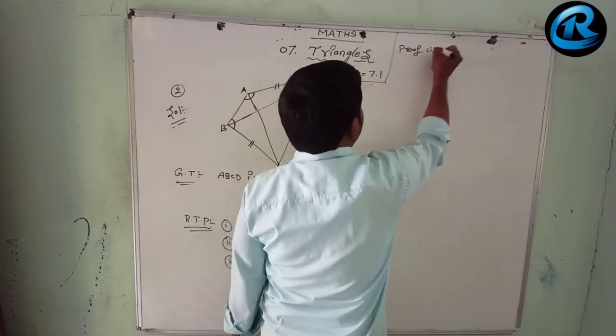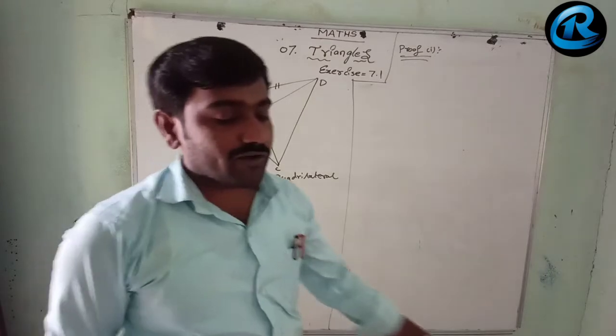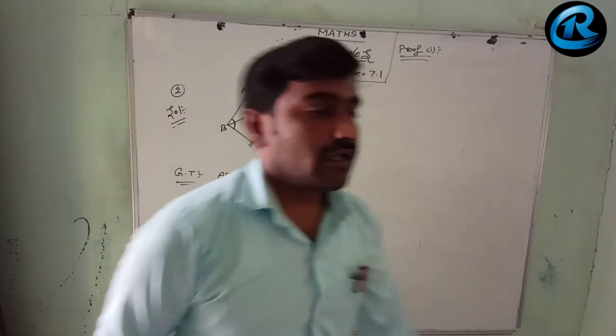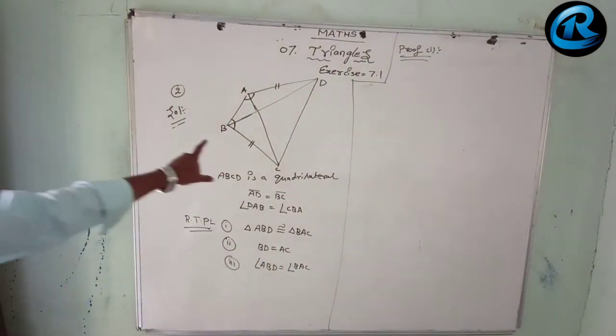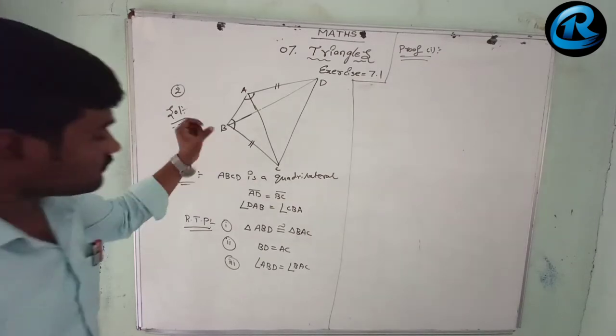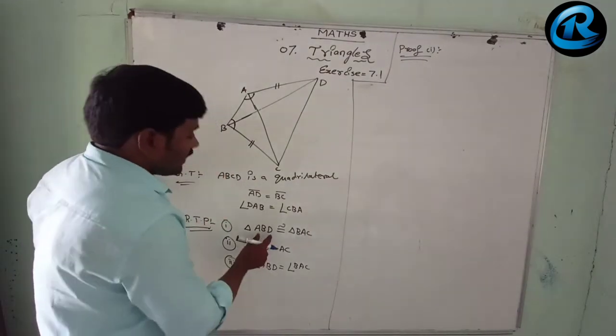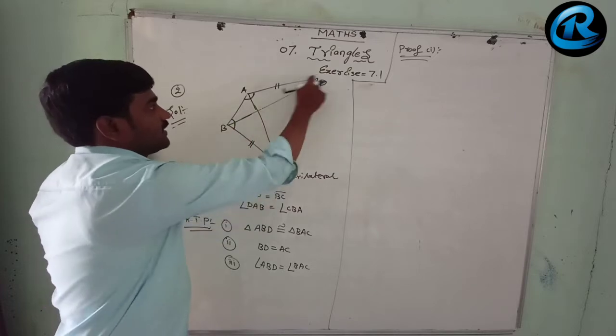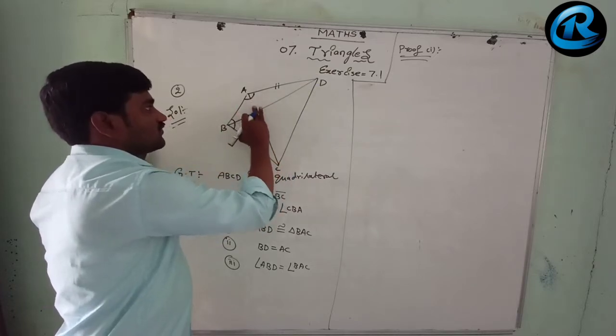Proof number one. How can we prove it? Let us see what we need to prove first. Here we have to take triangle ABD. So for the time being, forget this.